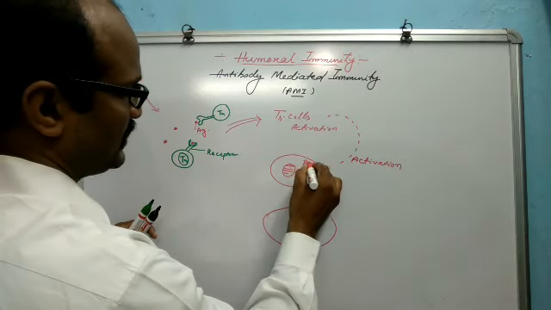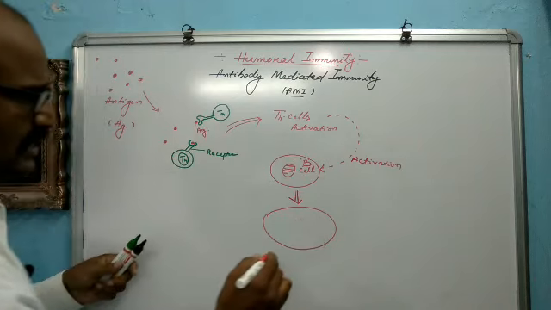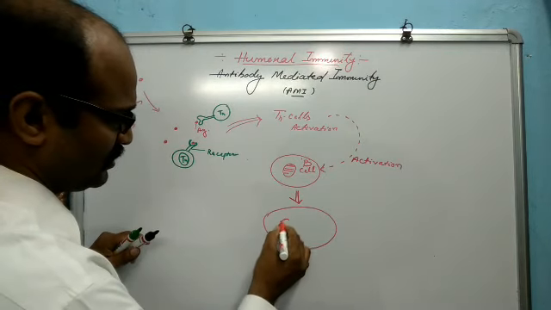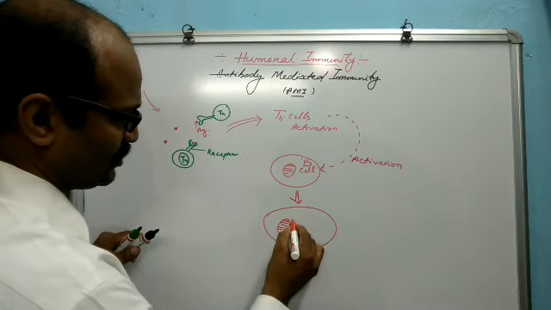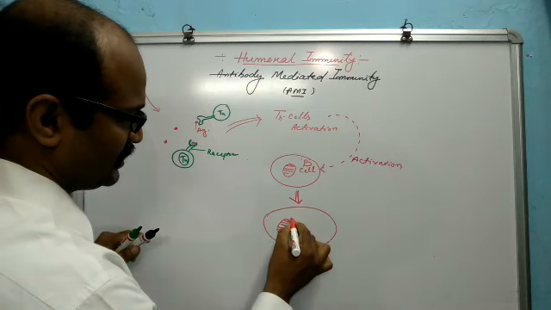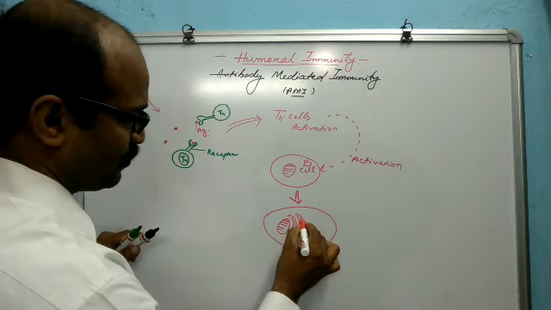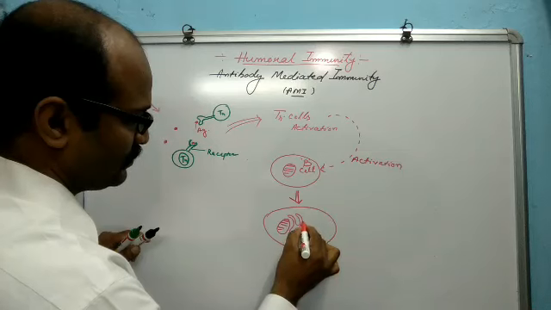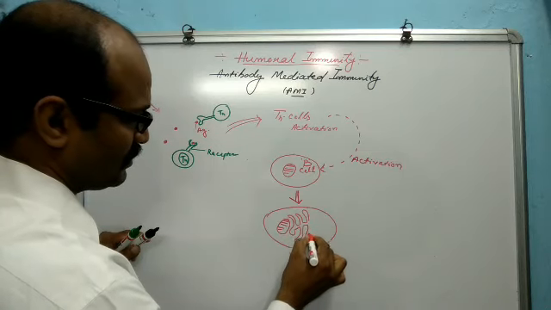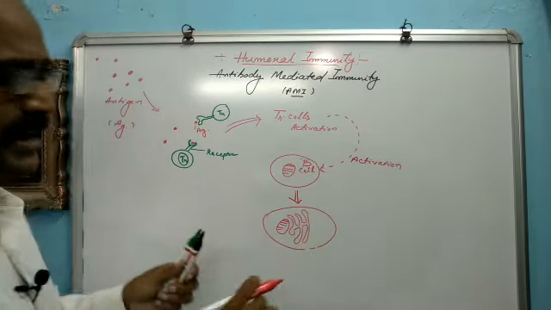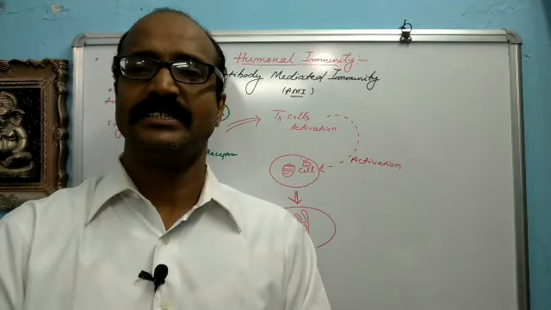This is the B cell or beta cell. After the activation, such B cells are modified into plasma cells.